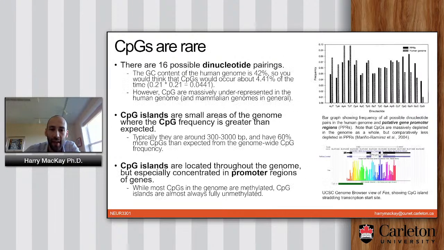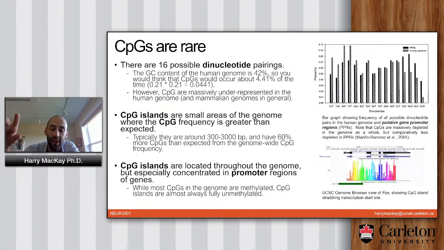And anytime you see something like ApT, it means a dinucleotide pairing where an A is followed by a T. Dinucleotide pairings, by the way, are just one way you can divide up the genome. If you recall from your molecular biology labs or classes, you would hear about codons, right? Codons would be trinucleotide groups, the 3 nucleotides in a row that would code for a specific amino acid.